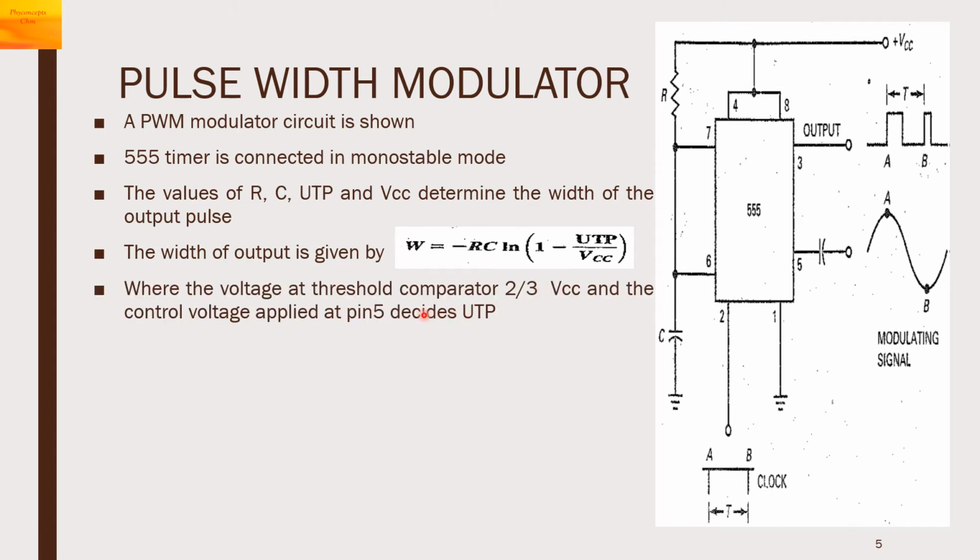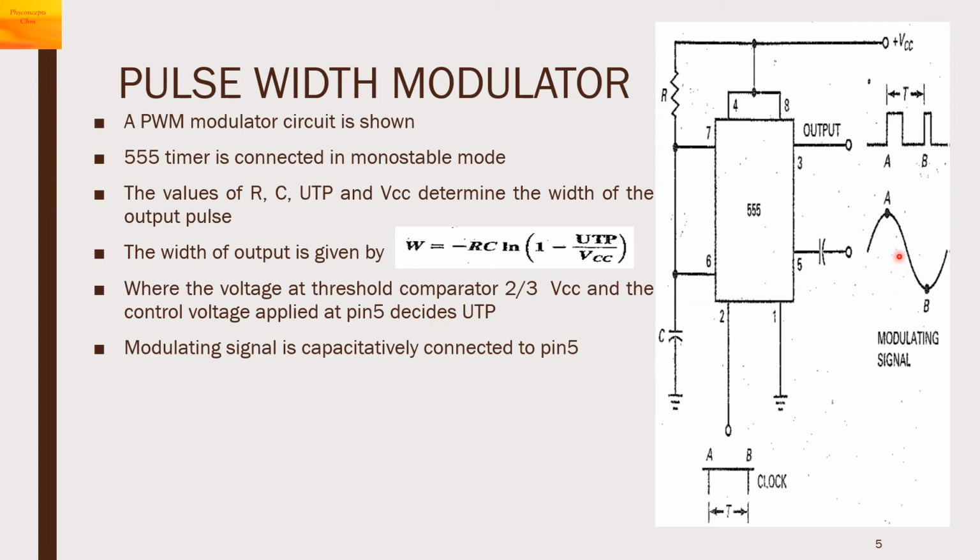The voltage at the threshold comparator, that is the upper comparator, is 2/3 of VCC, and the control voltage applied at pin 5 decides UTP. So the UTP is decided by the upper comparator's reference voltage of 2/3 VCC and the voltage at pin number 5.